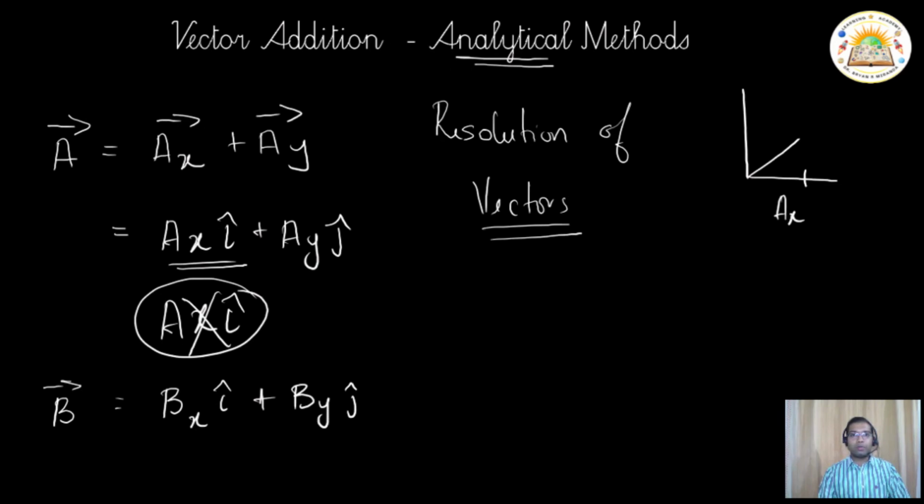Now what is the point of doing this? We know that the resultant, if I'm going to write it, is going to be nothing but A vector plus B vector, in case I'm doing addition. Now we can write it in terms of their components.